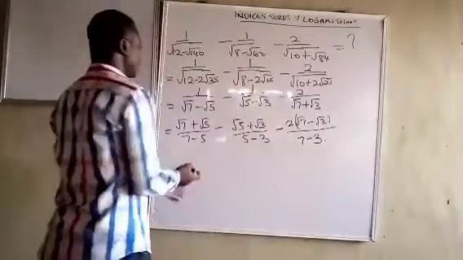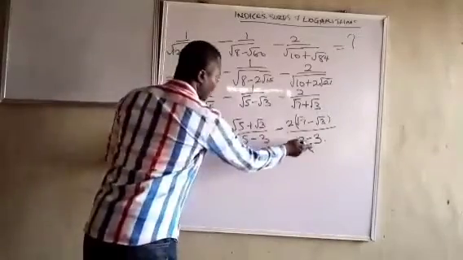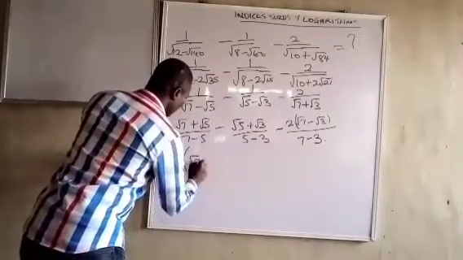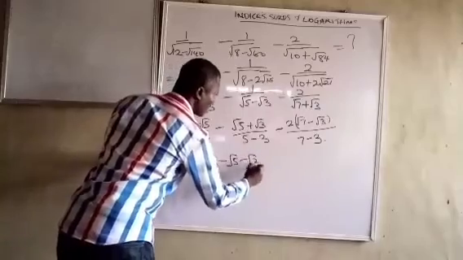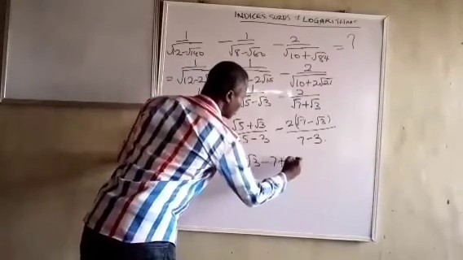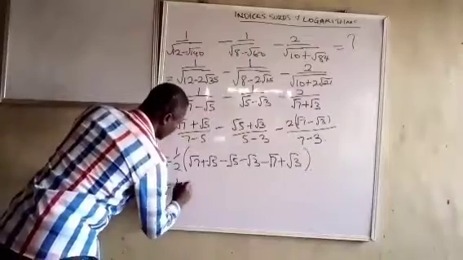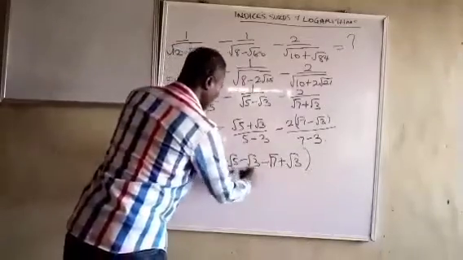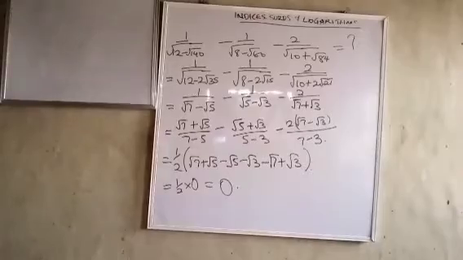So what does that give us? It's going to give us half, because if you look at it, by the time you divide, you give half into root 7 plus root 5 minus root 5 minus root 3 minus root 7 plus root 3. So half times this: this one cancels this, this one cancels this, this one cancels this. So our answer is 0 at the end of the day. So that's the value for that expression.